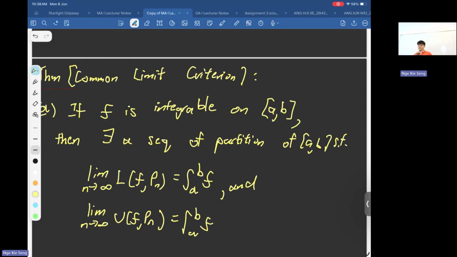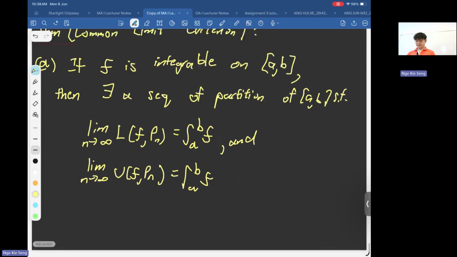U(f) and L(f) are the same if it's integrable. So if you know that it's integrable, then you can find this sequence.